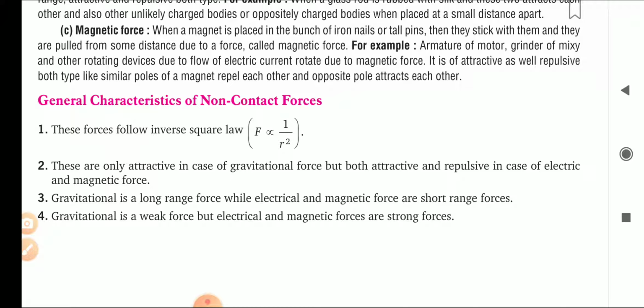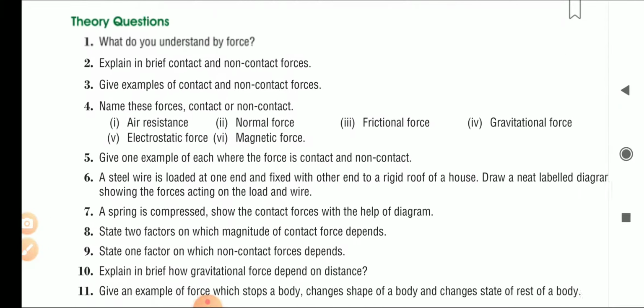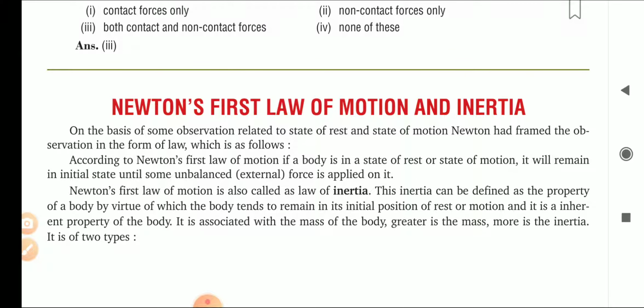Gravitational force is a weak force, but electrical and magnetic forces are strong forces. We can run various machines and devices based on this concept. Okay, so these are the basic concepts of contact forces, non-contact forces, electrical forces, gravitational forces, magnetic forces.